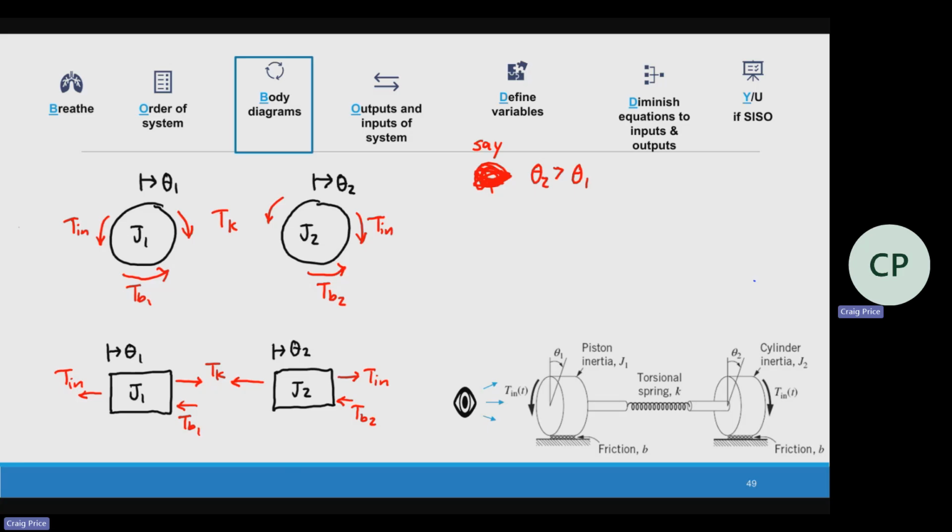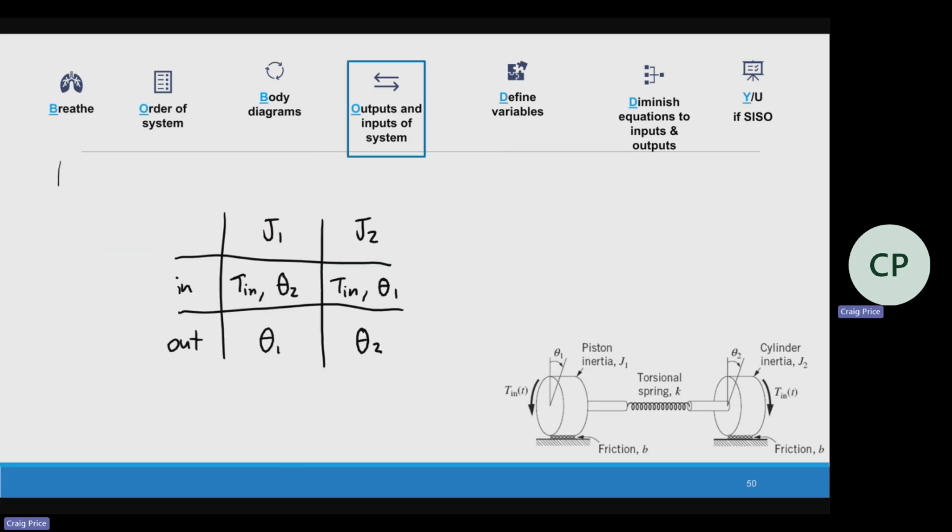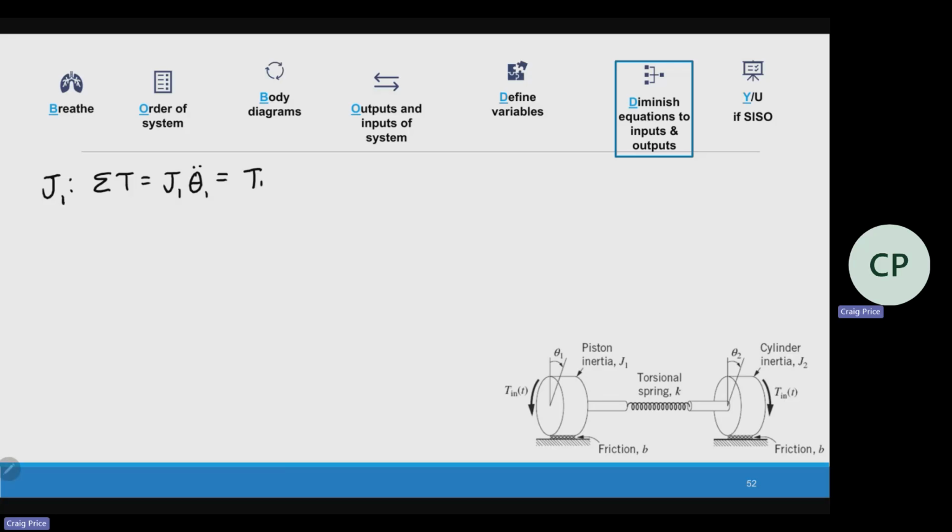What are the positive torques for J1? TK is positive. The other two are negative. So we have TK minus TB1 minus Tn. Now we put those definitions in. We have K times theta 2 minus theta 1. We have B times theta 1 dot, and we have a negative Tn.